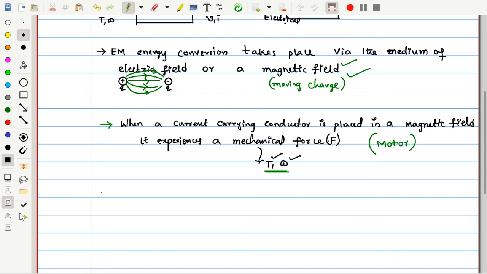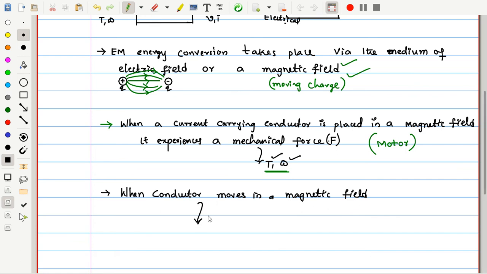Now let us see the other kind of thing: when a conductor moves in a magnetic field. What happens when a simple bare conductor moves in a magnetic field? What is the result of this?